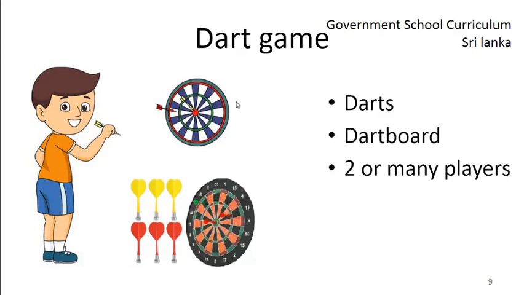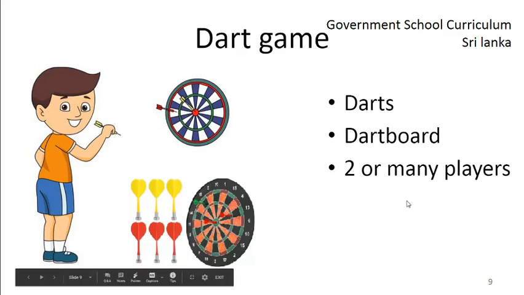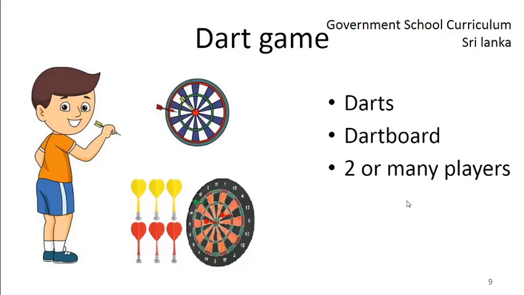Two or more players need to play this dart game. What you have to do is take a dart and hit the dartboard. There are different dart rules for different boards. Let's look at what our dart game rules are.